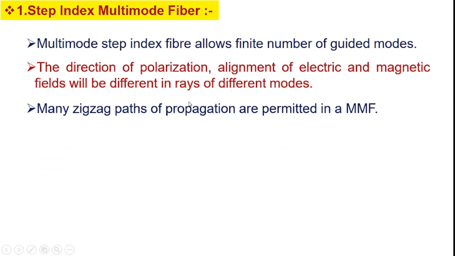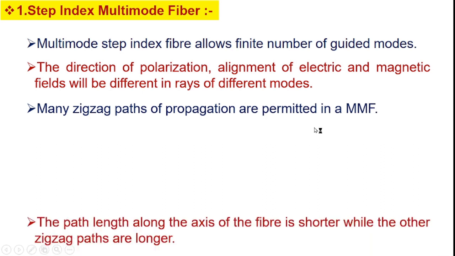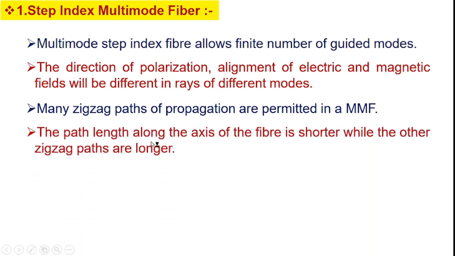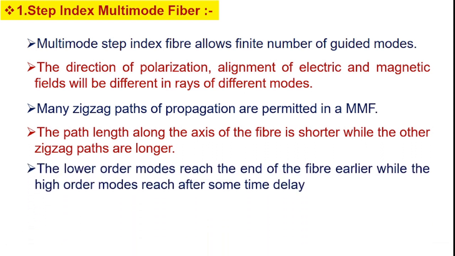Many zigzag paths of propagation are permitted in multimode fiber. The path length along the axis of the fiber is shorter, while the other zigzag paths are longer. The lower order modes reach the end of the fiber earlier, while the higher order modes reach after some time delay.